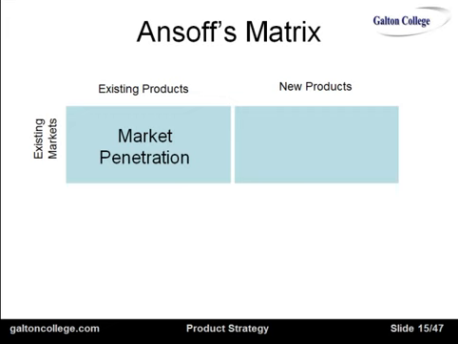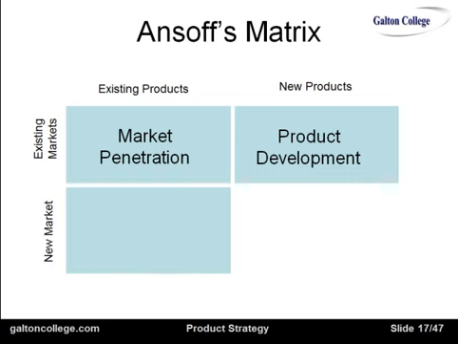You could bring new products into the existing markets. So a new product in the existing market is product development. It's also possible, with existing products, to take the existing products to a new market. That's known as market development.